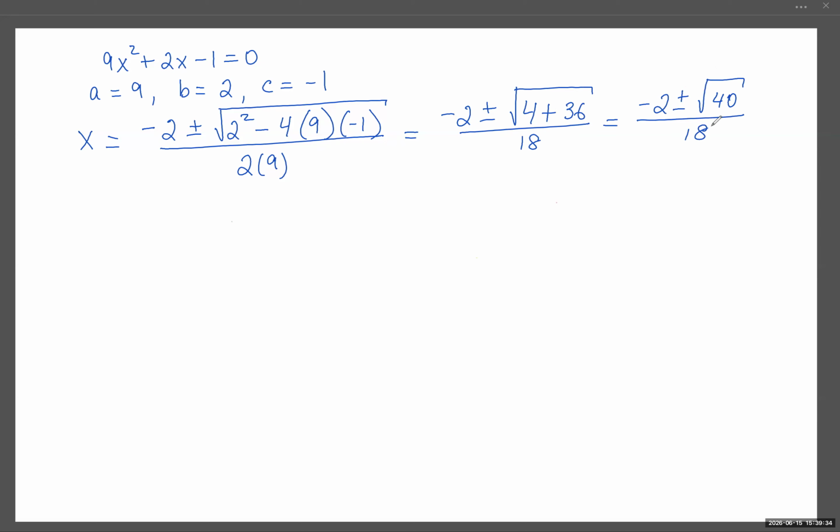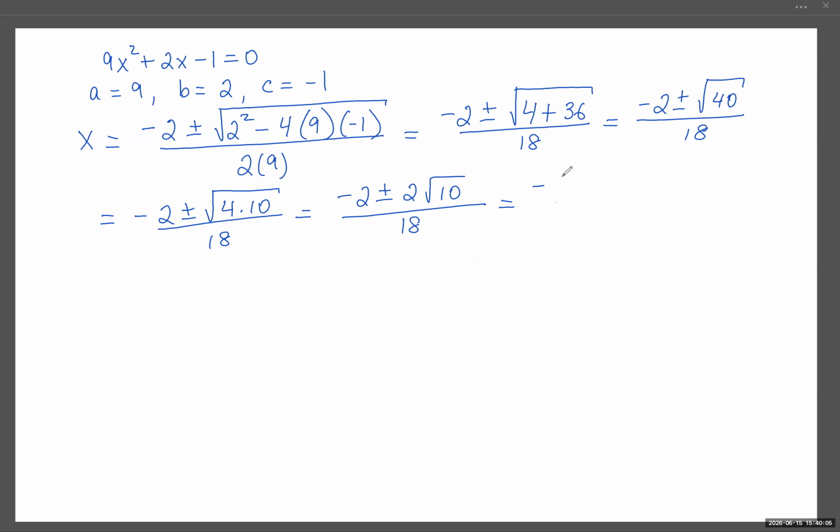This can be simplified, so let's go ahead and see how to do that. So -2 plus or minus square root, now 40 is 4 times 10, divided by 18, equals -2 plus or minus square root of 4 is 2. Square root of 10 stays underneath, and then divided by 18. Now you can factor the 2 on the top, or you can split this one big fraction into 2 smaller ones.